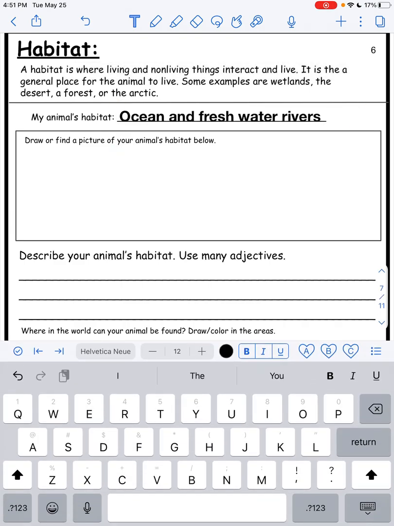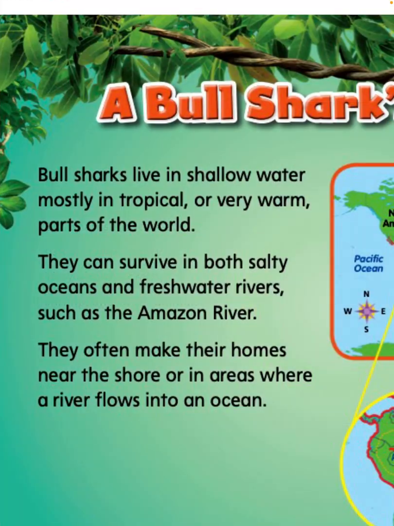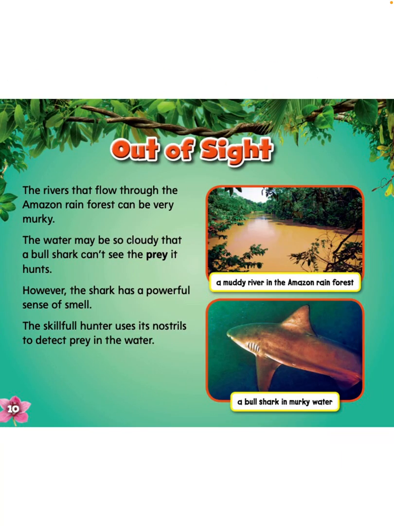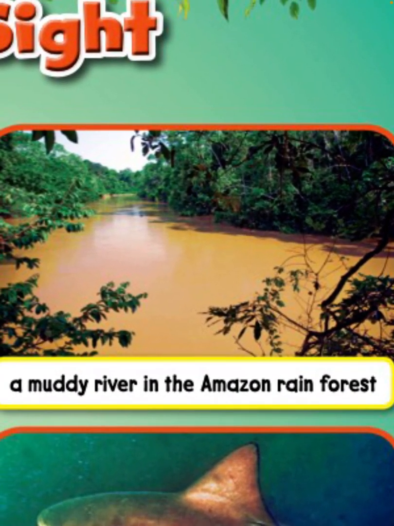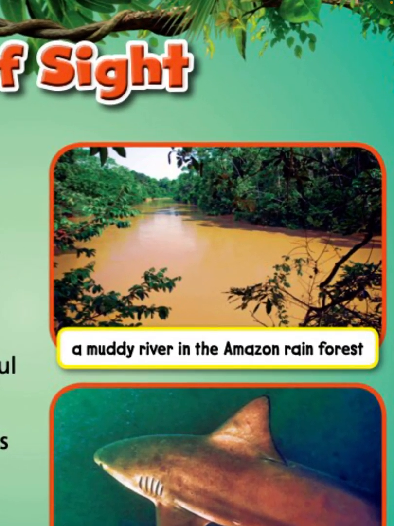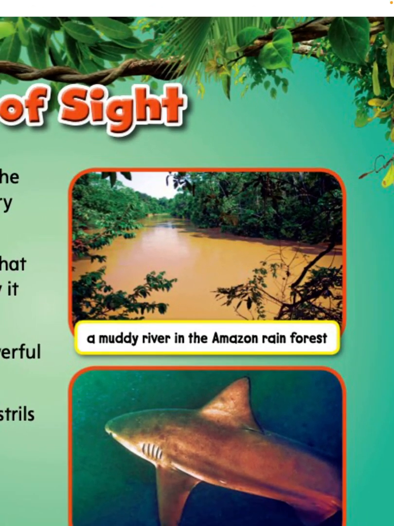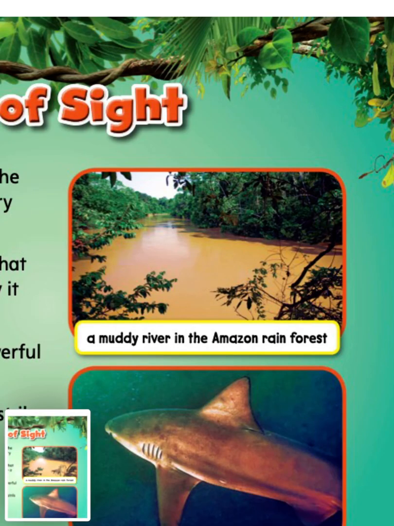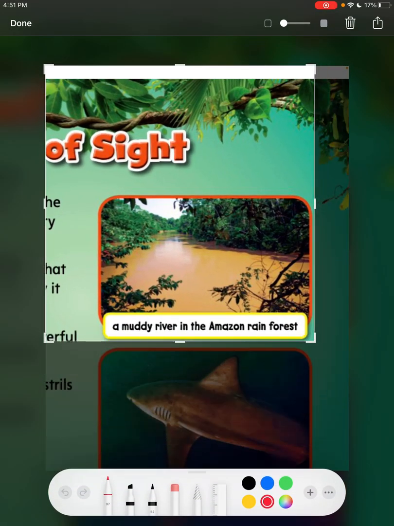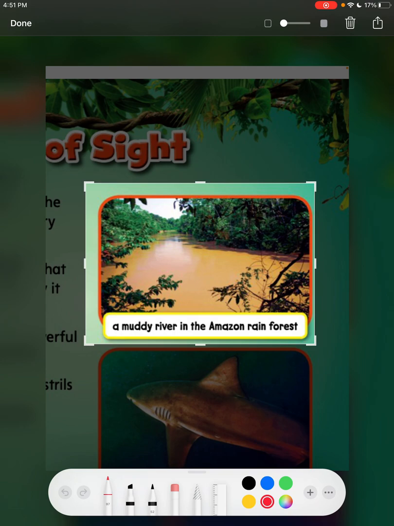So it says next, draw or find a picture of your animal's habitat below. I might go to my book because this is a map and that's not really what the habitat looks like. I might look for something like this. Here's a picture of the muddy river that is in the Amazon rainforest that my animal, the bull shark, might actually swim in. Doesn't that look pretty murky?